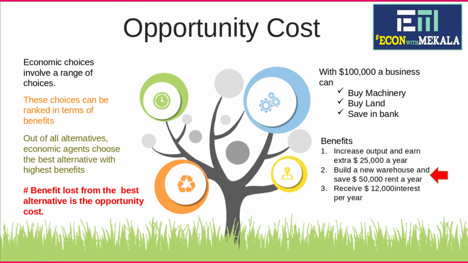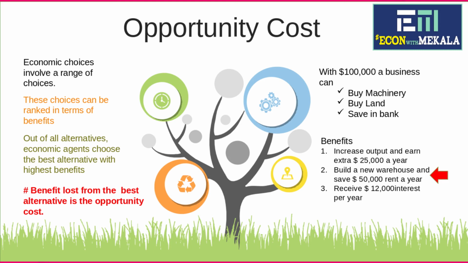Let's assume if you save this money in the bank, you can receive $12,000 interest annually plus your $100,000 still at bank. So these are the benefits if we take our three options.